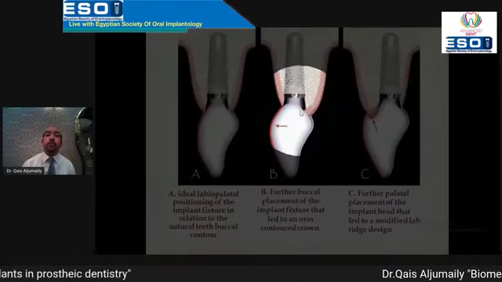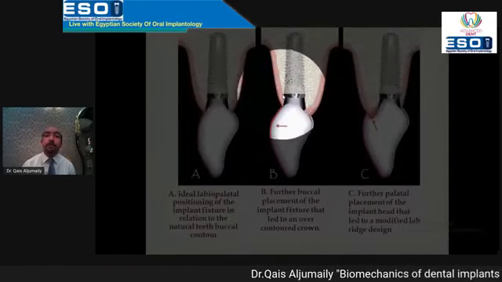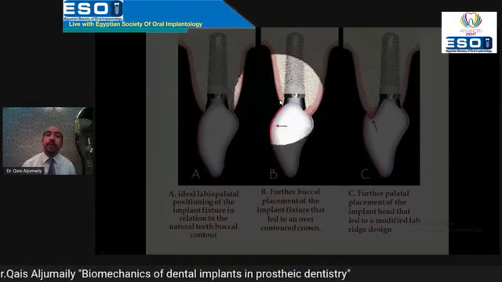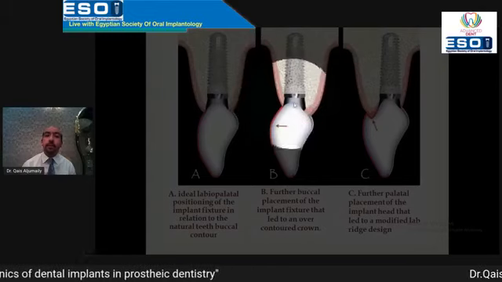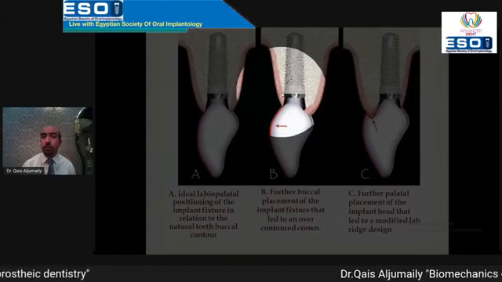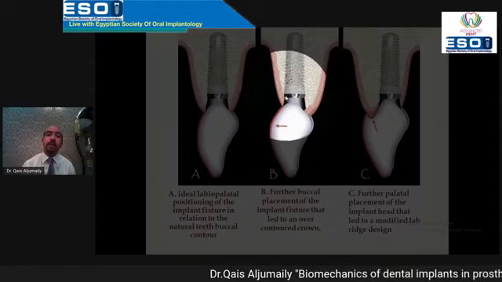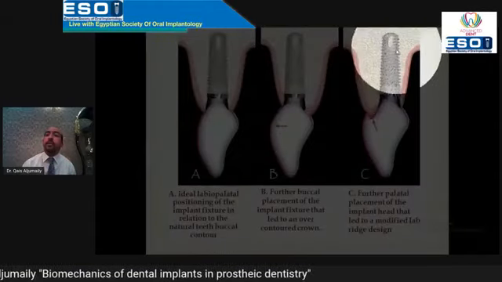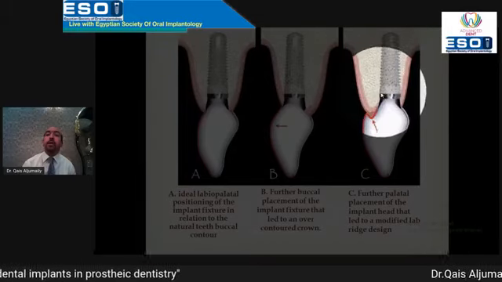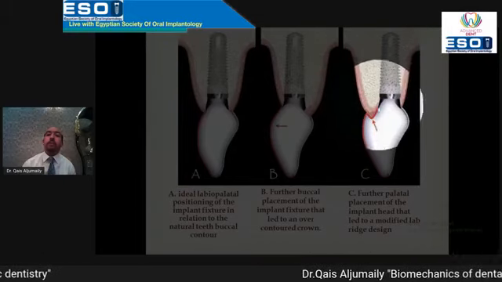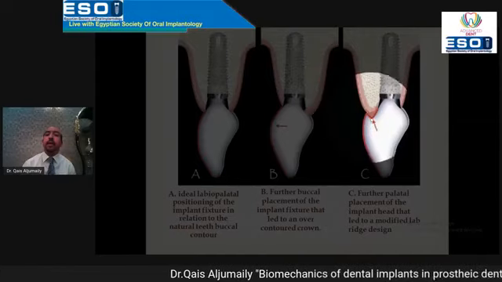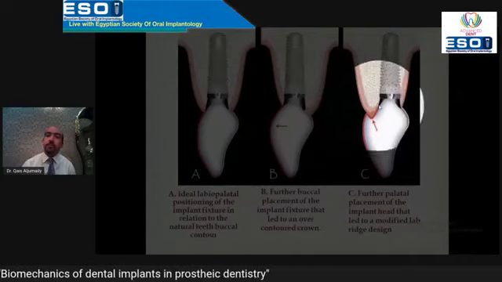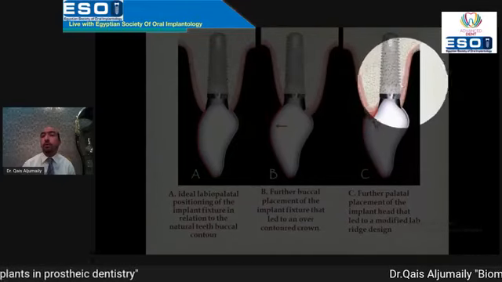But if I put my implant too much labially, look here, there are very thin cortical plates in this area, and then there will be resorption, gum recession and metal display. If I put it too much palatal, this is what we call a negative profile here, and this is non-hygienic for the soft tissue in this area, in addition to very thin bone palatally.